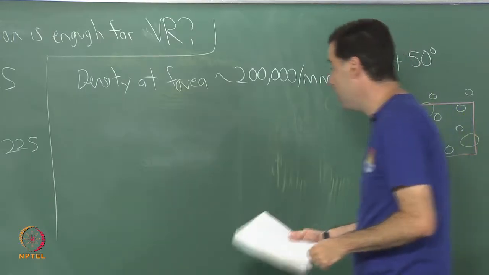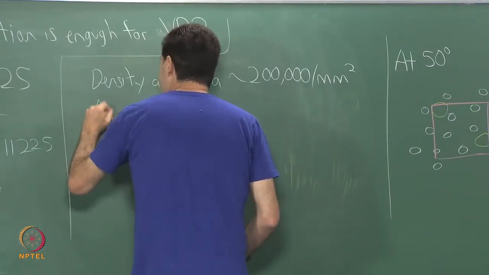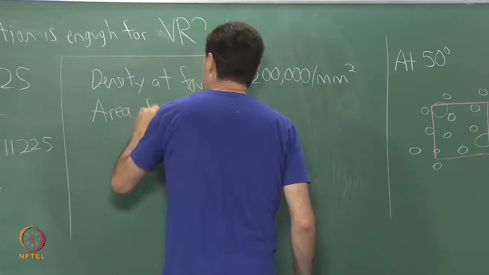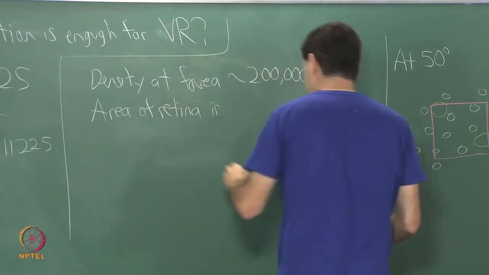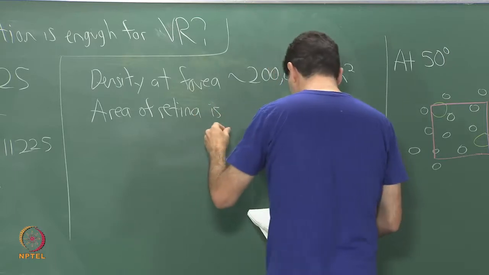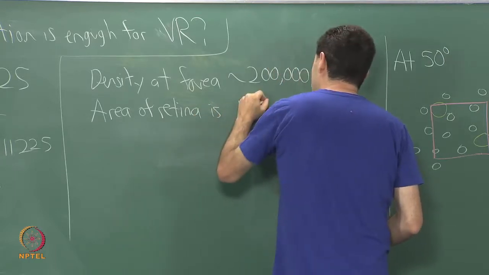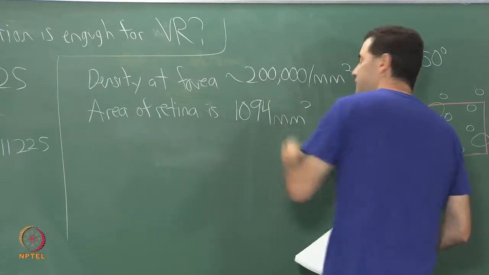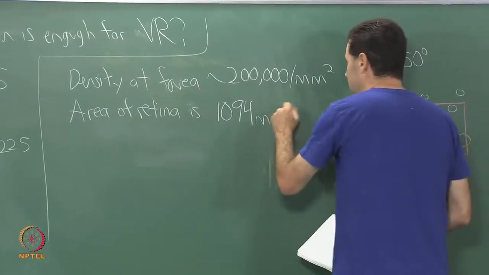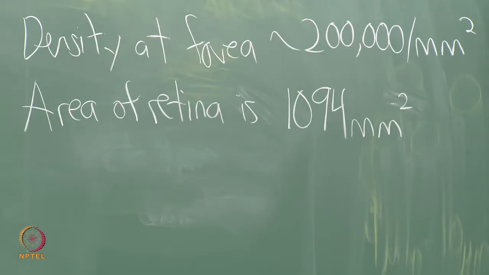So if I look at it that way, turns out that the area of the retina is, I looked this up before class, 1,094 millimeters squared. Of course, there must be some variations among humans, but roughly 1,000 square millimeters.